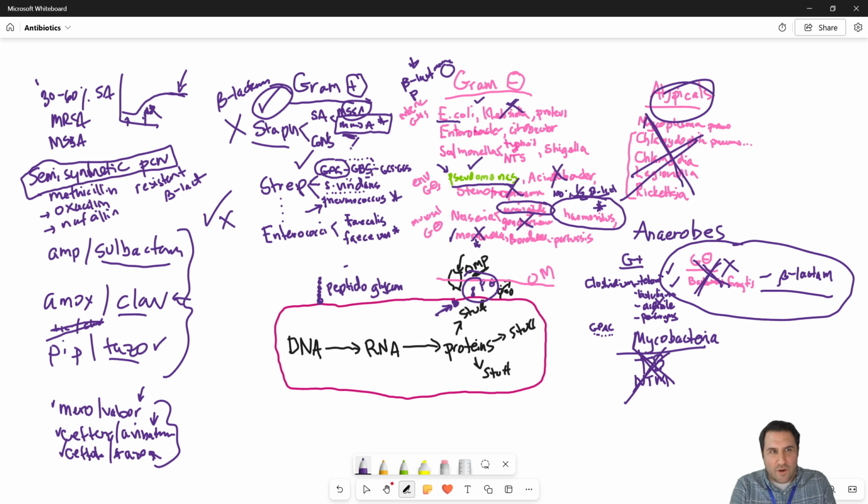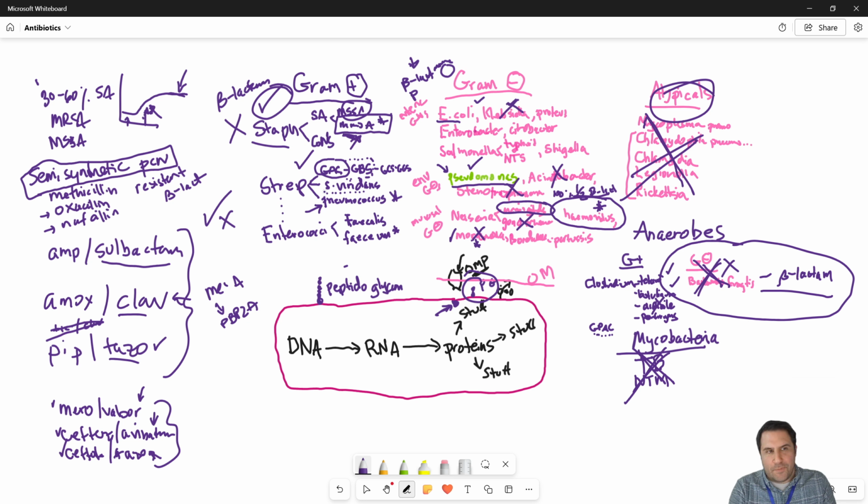It's not going to work on MRSA. Recall the reason: altered penicillin binding proteins. Remember the mecA gene, making that PBP2A, and so you're stuck. Because they're semisynthetic penicillins, they pretty much just work on Staph aureus and group A strep and group B strep, and that's it.